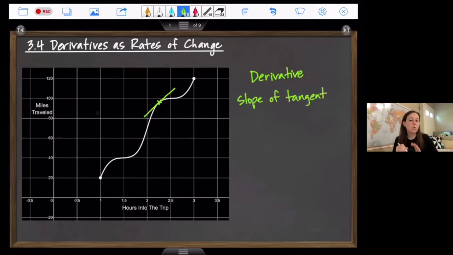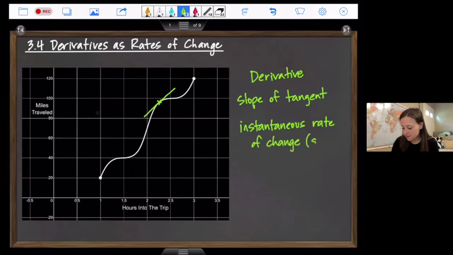But the whole reason we wanted that was because we wanted that instantaneous rate of change. In this case, that was the speed, the instantaneous speed at any given point on the trip.